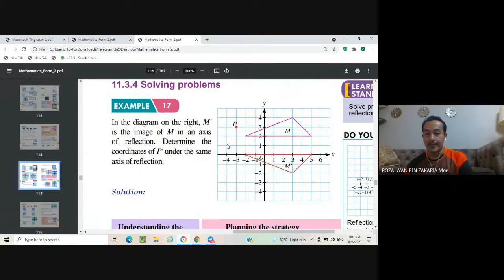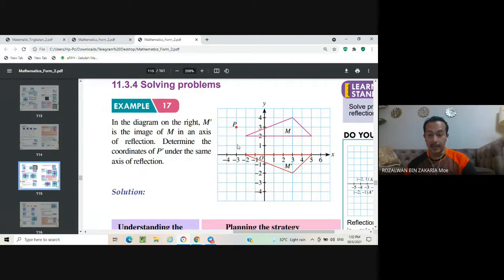After you know the axis of reflection, you have to find the coordinates of the image of the point P under the same reflection. So you calculate how many boxes from the point P to the axis of reflection. That means calculate 1, 2, 2 units.